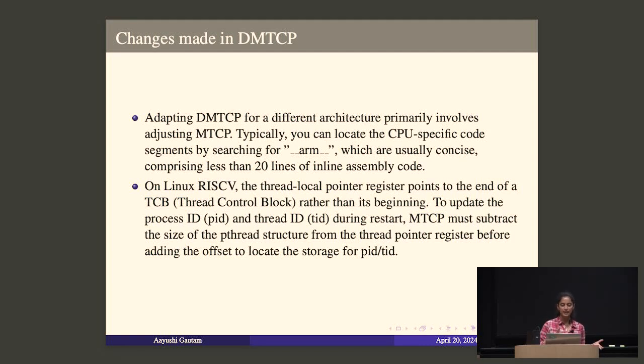Before adding an offset to locate the storage of PID and TIDs, we have to subtract the size of pthread structure from the thread registers. So these were the, I would say, major changes that I had to make in existing code of DMTCP to support it on RISC-V.